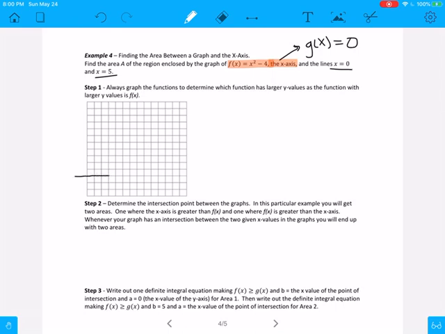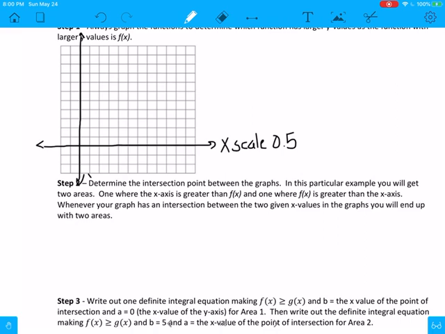So I went up 3, and I drew a line. And then I went over 2, and I drew a line. And I made my x scale be 0.5. And I made my y scale be 2. So this is negative 4. This is 4, 8, 12, 16, 18, 20.